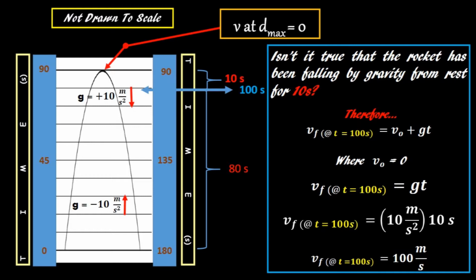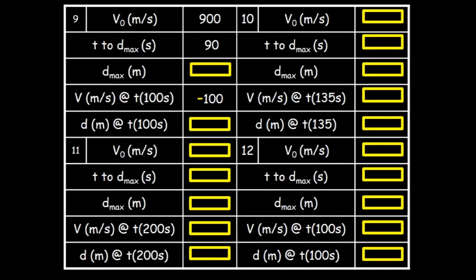So now I'm assuming that I'm going to do d max. I don't know what I'm going to do next, but either way, I could do d max, which would be either 900 times 90 plus 1/2 negative 10 times 90 squared, or simply 1/2 positive g 90 squared.